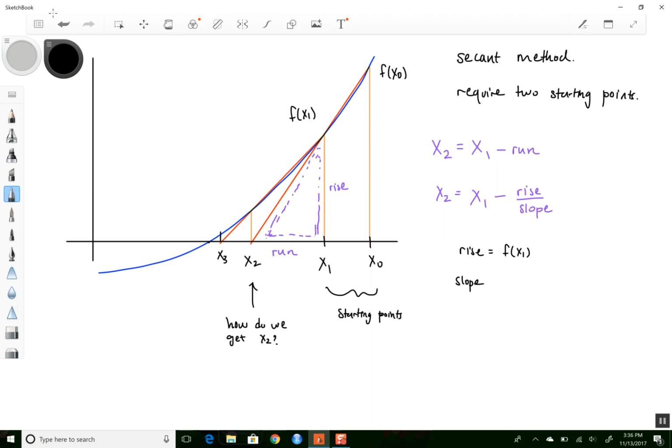The slope is actually determined by this and this location, right? This segment is what determines the slope. Is that okay?